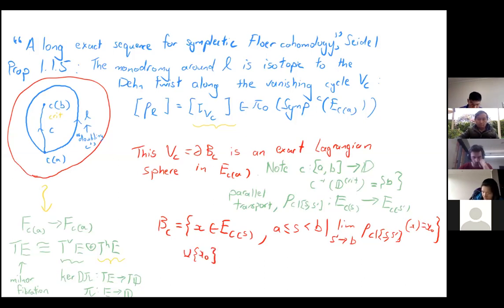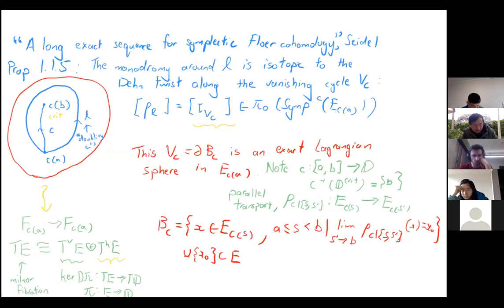Brian, have you seen this set before? No, maybe I'll just think about this. Is that parallel transport? Well, that rho is the point in the... This is what we call the Lefschetz thimble, right?